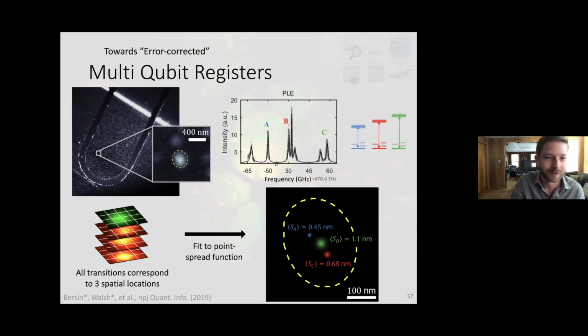Because if you read all of them out at once, or destroy all the quantum information at once, then you've also destroyed your chance at error correction. Whereas if you can read out just one of the qubits and not touch the state of any of the other ones, then you can start to use error correction techniques to repair any kind of potential qubit phase error or bit flip.